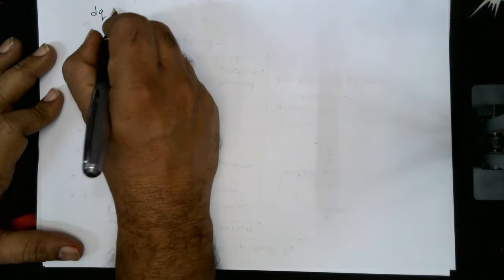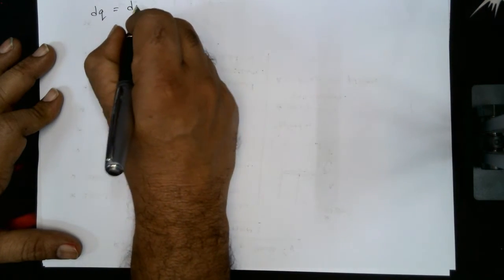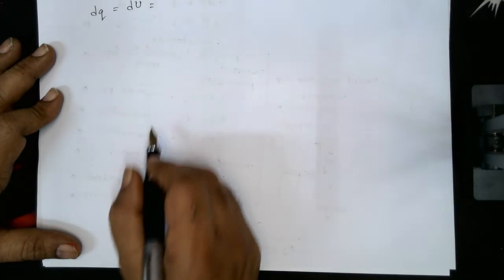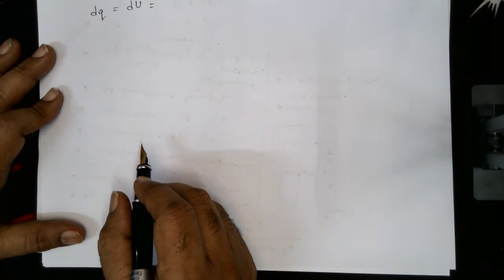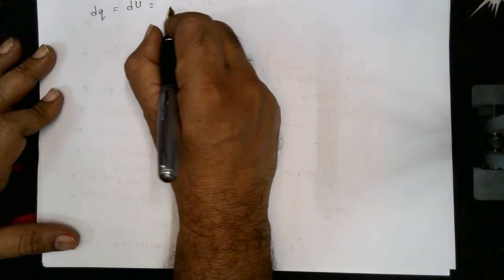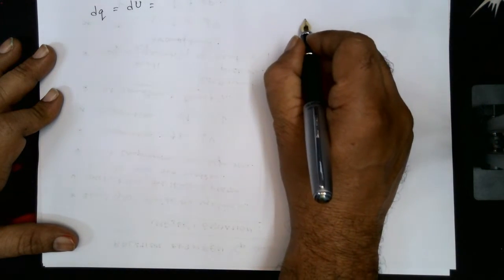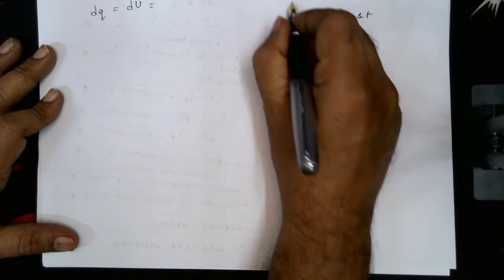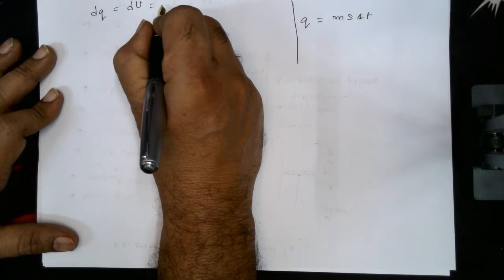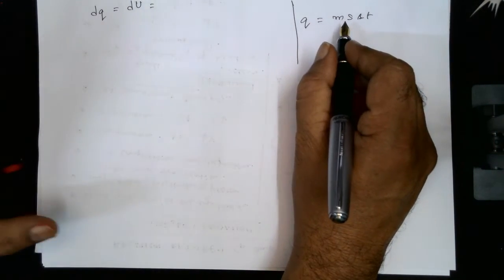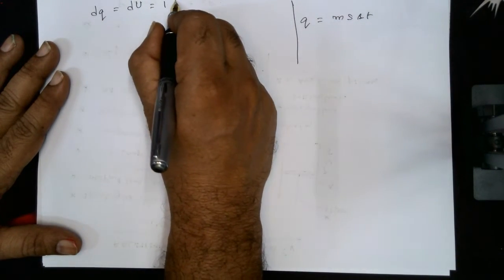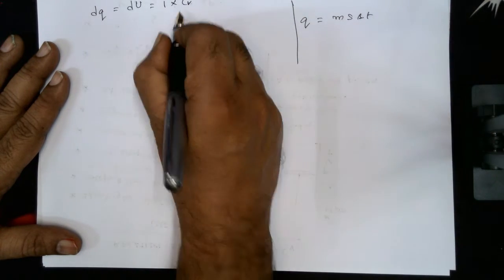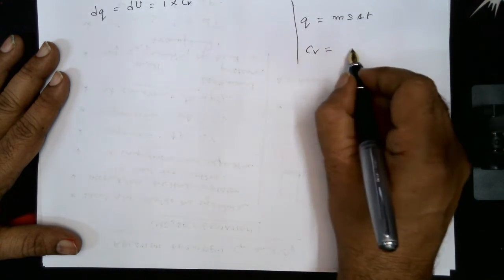The heat transfer is nothing but change in internal energy, that is given by, we already know Q is equal to m s delta T. So based on the dQ, here I have considered 1 kg of mass, so I can put 1 into Cv at constant volume. So what is Cv?